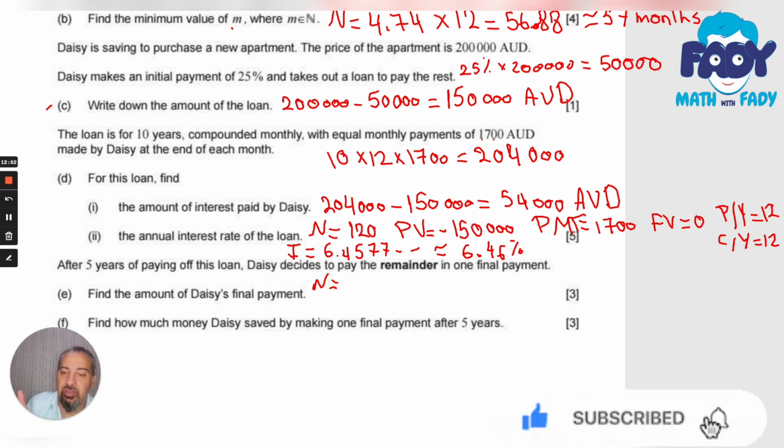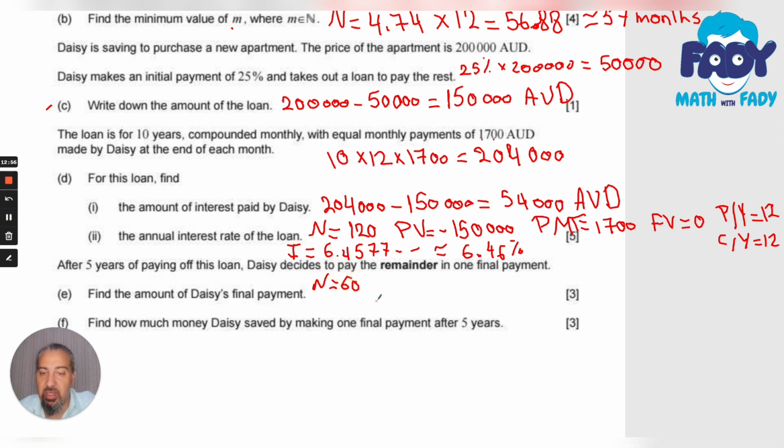So 5 times 12 months, N is 60. I, the interest, we know it now, 6.46. PV, the present value is negative 150,000.